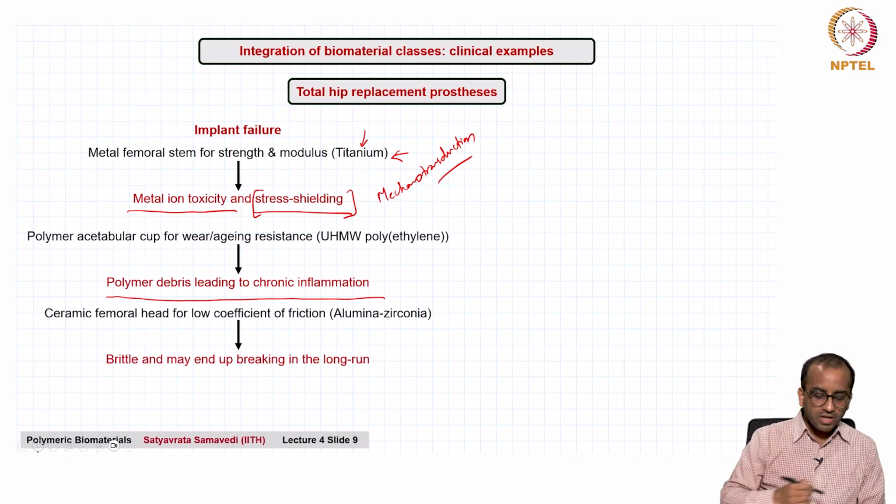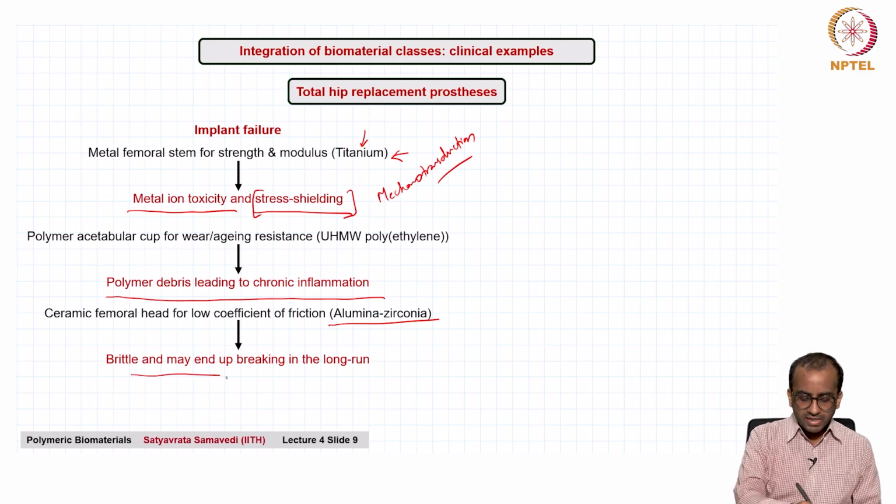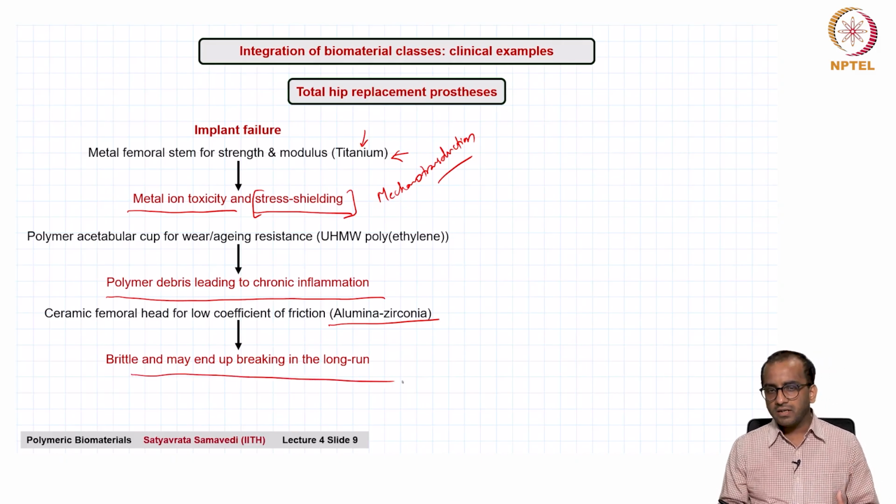You can also have the ceramic femoral head, which is used in the metal implant for its low coefficient of friction, typically alumina or zirconia. But ceramics tend to be brittle and may end up breaking in the long run, although increasingly that is becoming a rarity. Designs have gotten better and better, but that is still something that could happen.